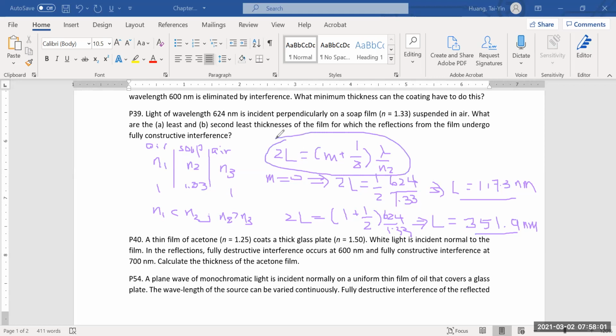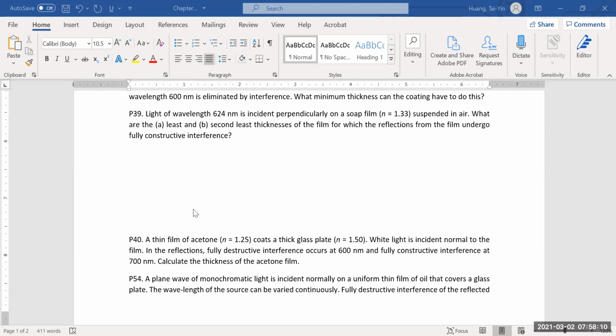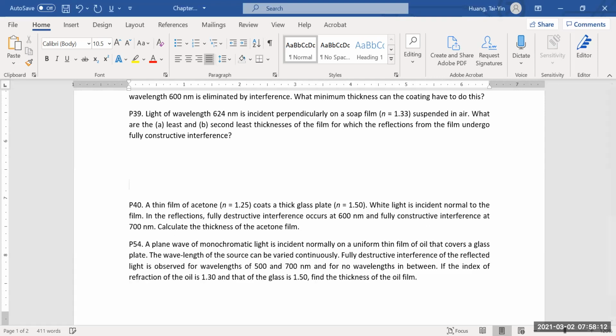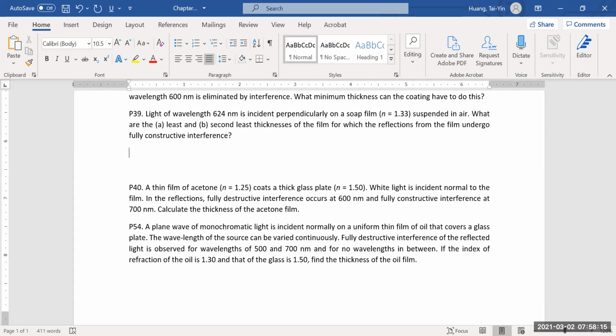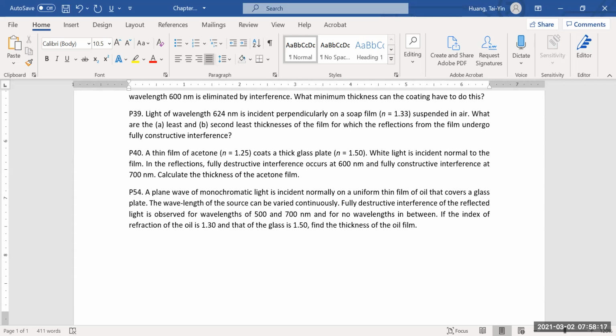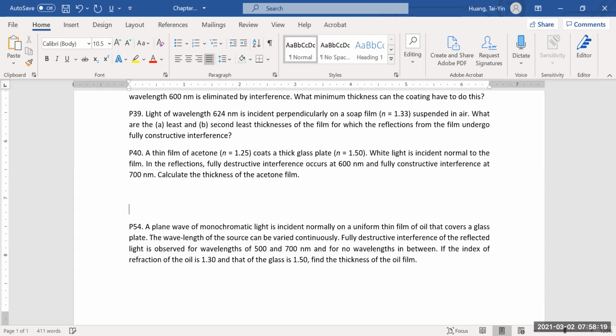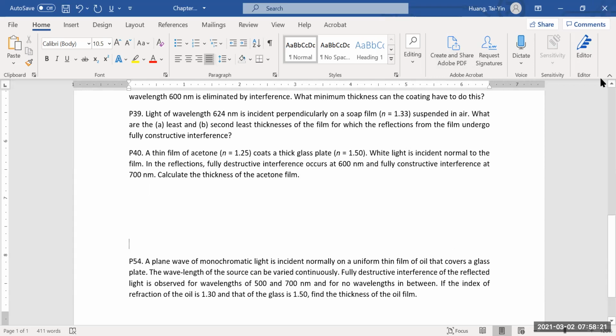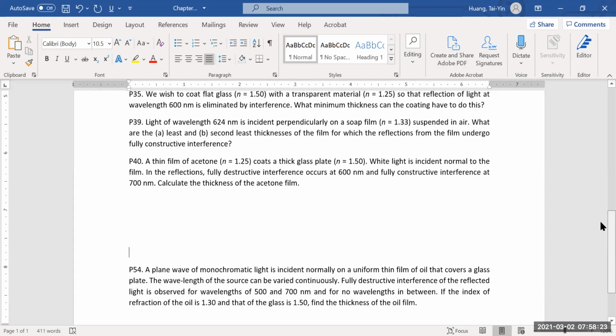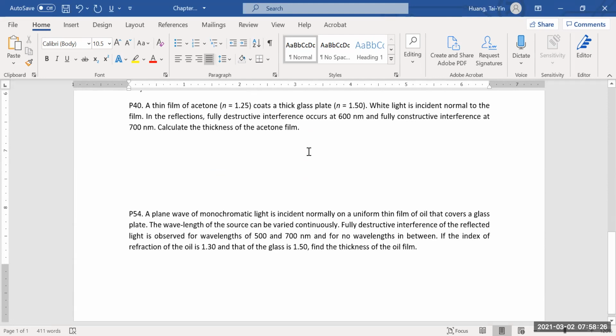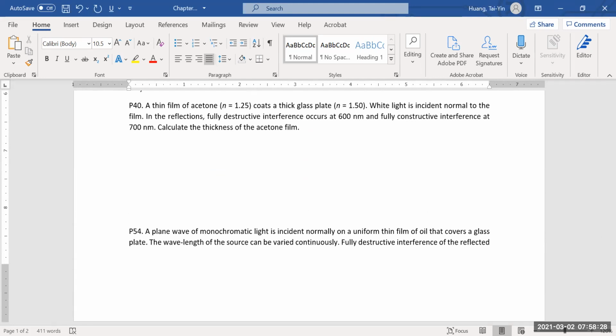Okay. All right. So the next one I want to do is again a thin film interference, but this one gives you another way to look at this problem.